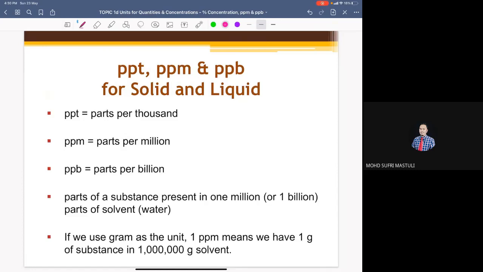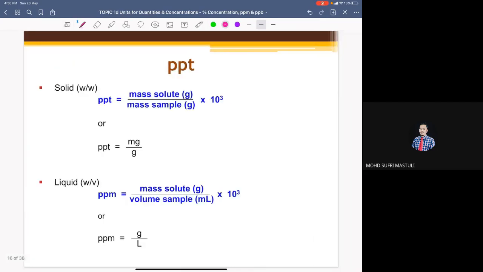If we use gram as the unit, 1 ppm means that we have 1 gram of substance in 1 million gram of solvent. So this is the formula to calculate the PPT, part per thousand.